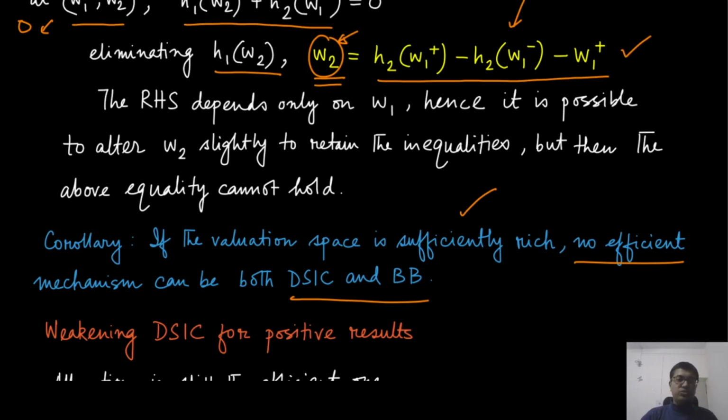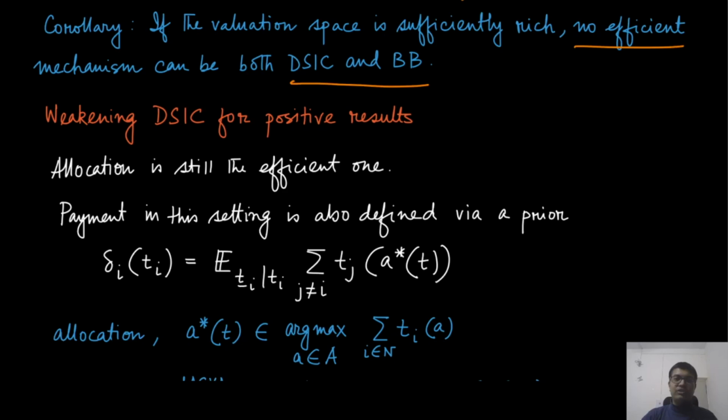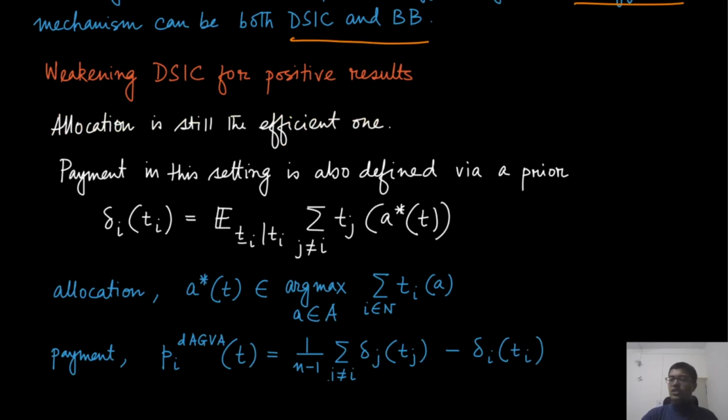So what can we do? As before, we are going to relax some of these conditions. One approach is to weaken the solution concept from DSIC to BIC for positive results. Now what can happen is, again, we can define a prior, which is common knowledge, and we can define a payment which is an expected payment.